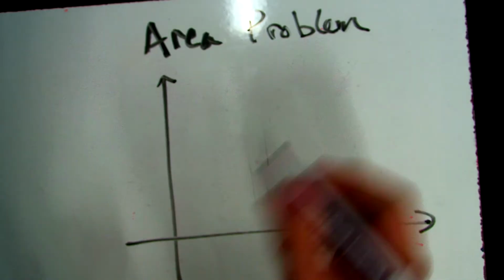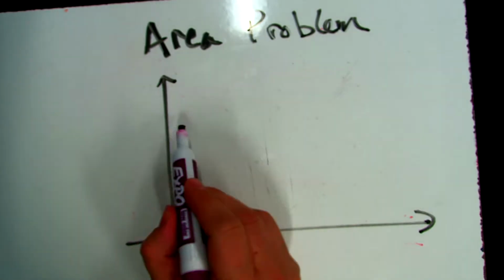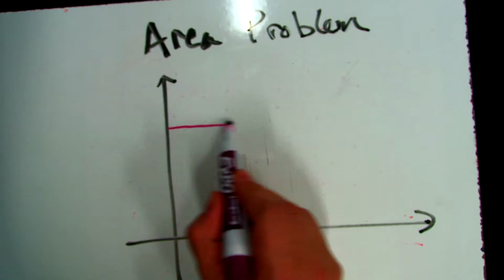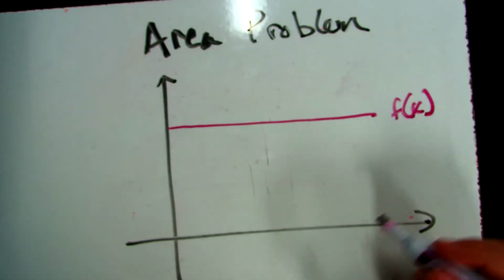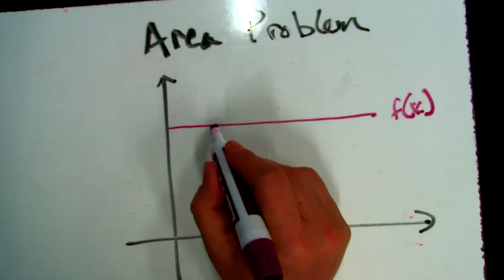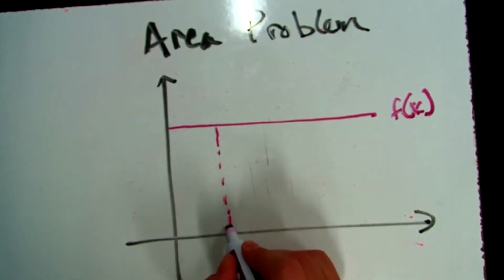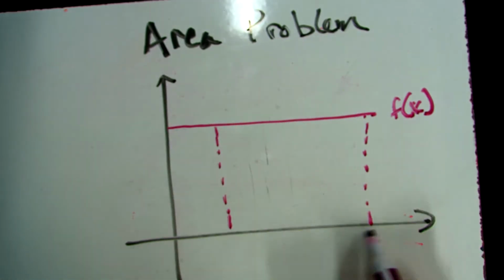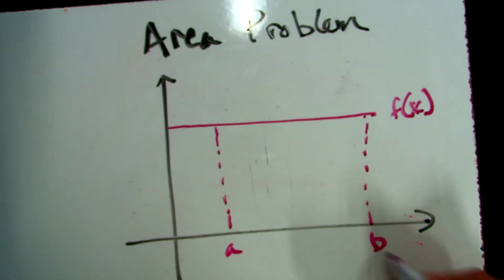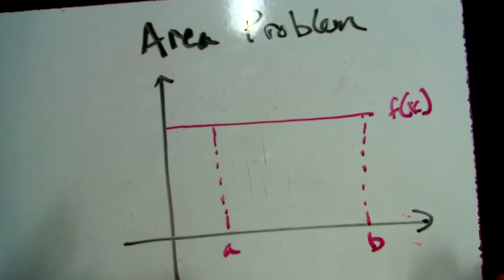So the area problem is something like this. You can imagine I've got a line. So this is my graph f of x, and I'm trying to find the area underneath the curve, or rather between the line f of x and the x-axis, between 2 points A and B. Well in this case, as I've drawn it here, it's a pretty simple problem.